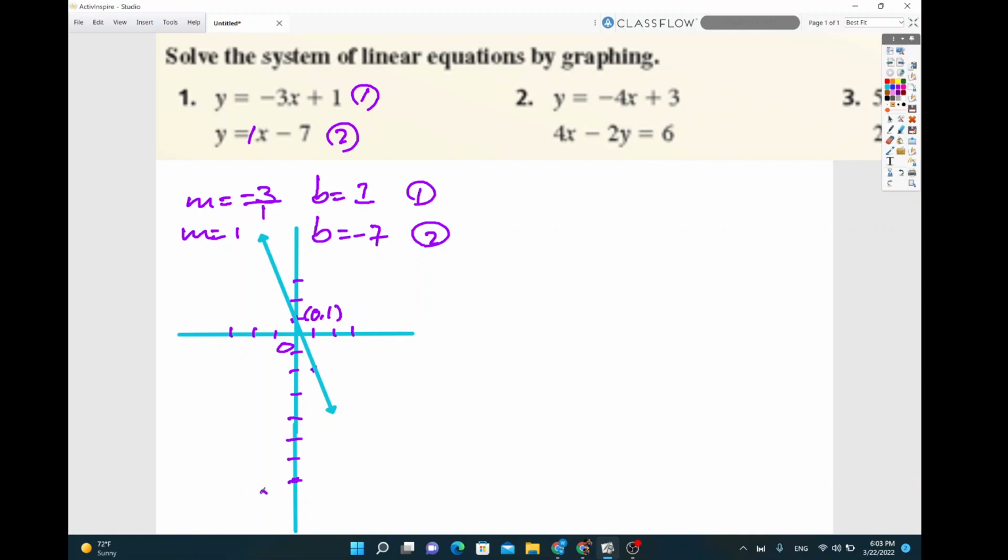So the point is (0, -7). The slope is 1, or 1 over 1, so up 1 and 1 to the right. Extend it: up 1, 1 to the right, and again up 1, 1 to the right. Then connect those dots.